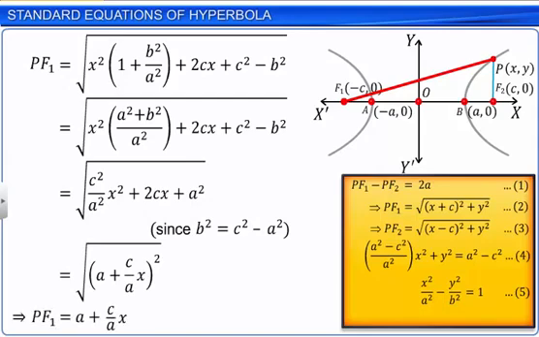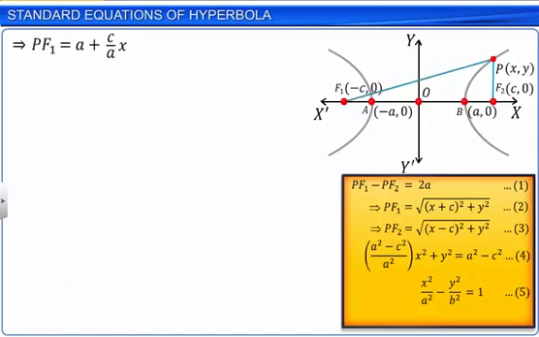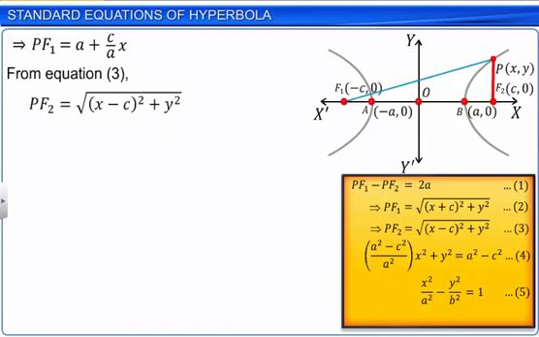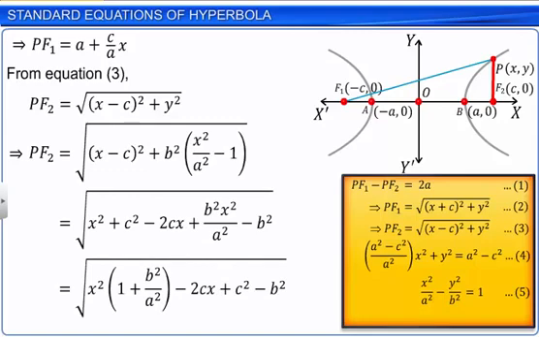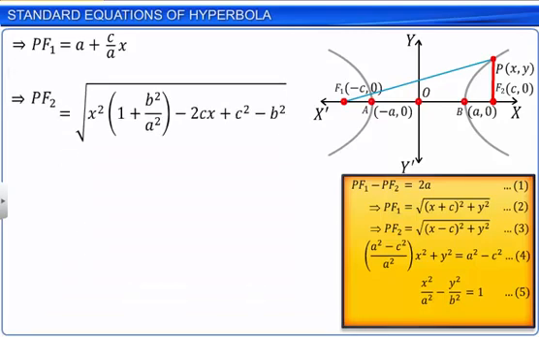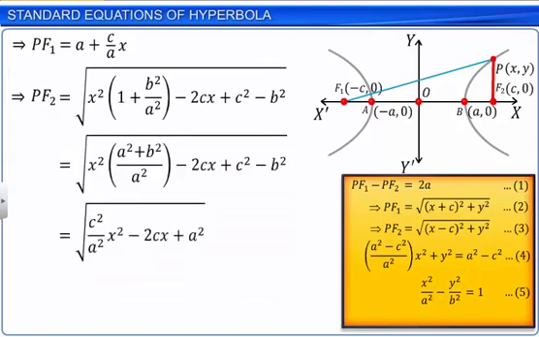Substituting the value of y square from equation 5 in equation 3 and simplifying, we get PF2 is equal to c upon a into x minus a.